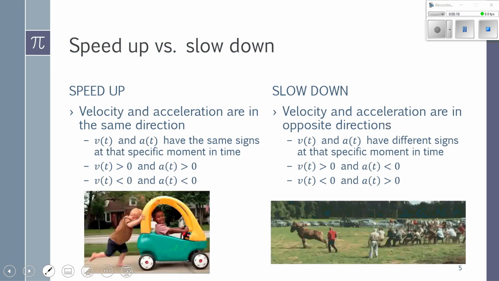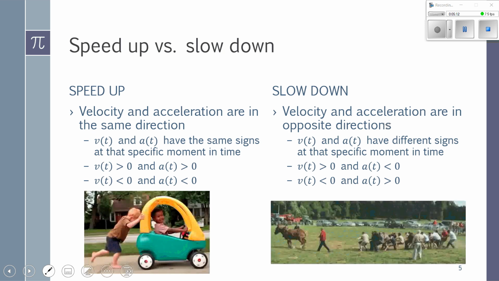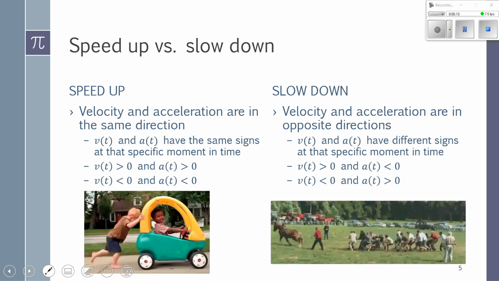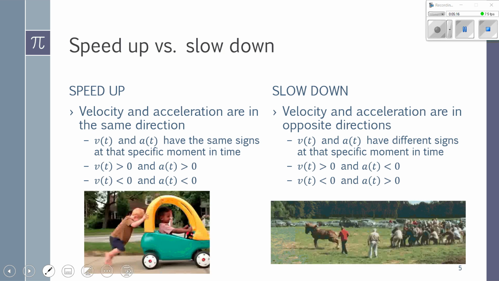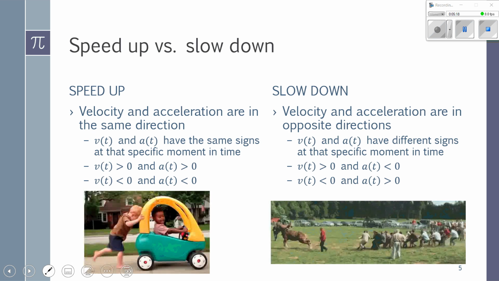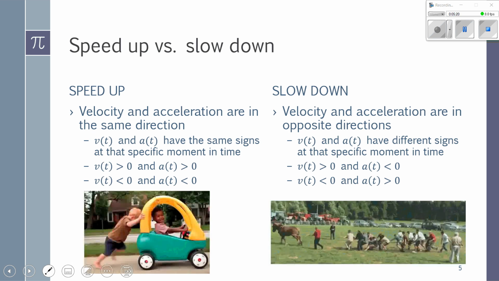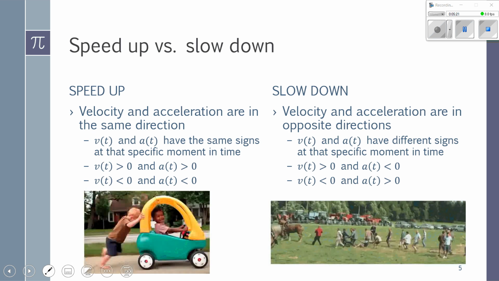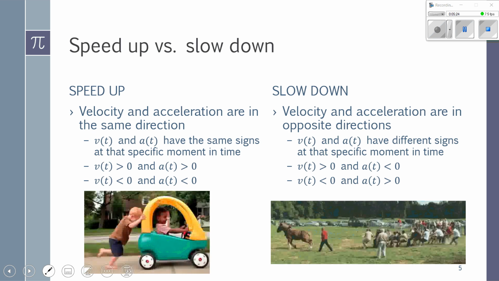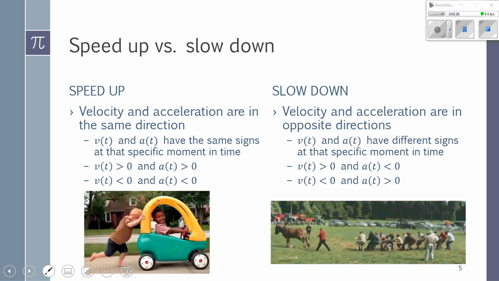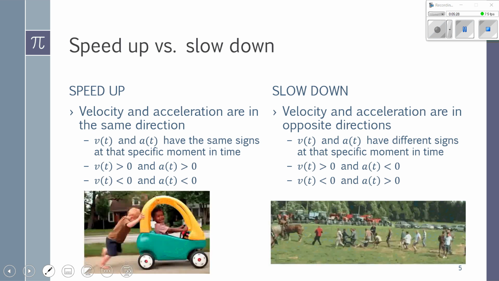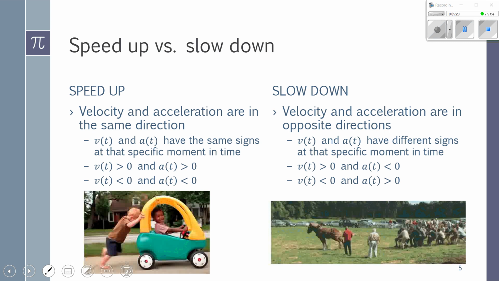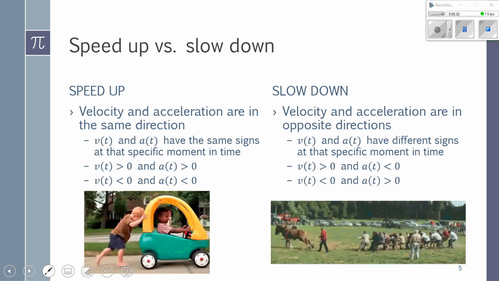One thing I did want to talk about is when we talk motion, we talk a lot about things speeding up and slowing down. And it's a bit more complicated than you think because speed itself is not a super easy thing to calculate, especially when you move beyond linear motion. So it's nice to be able to talk about speeding up and slowing down without having to refer to speed itself.